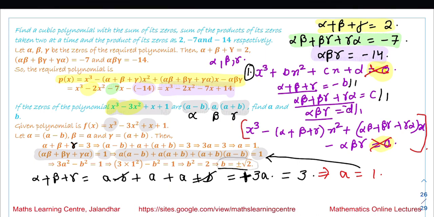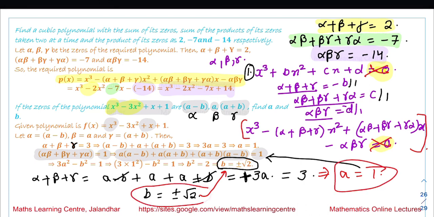On solving this, you will get the value of b is equal to plus minus square root 2. So these are the values of a and b that are required.